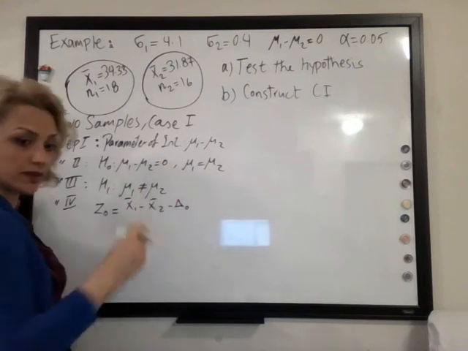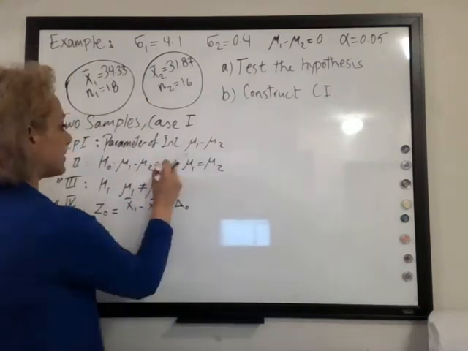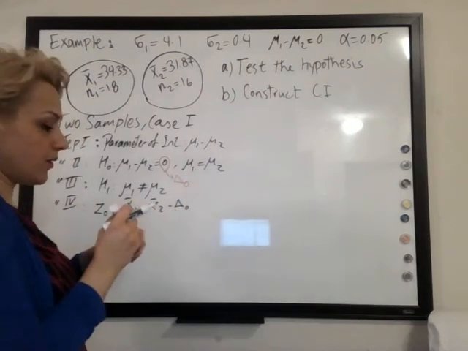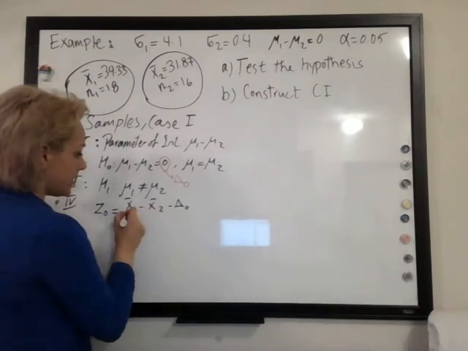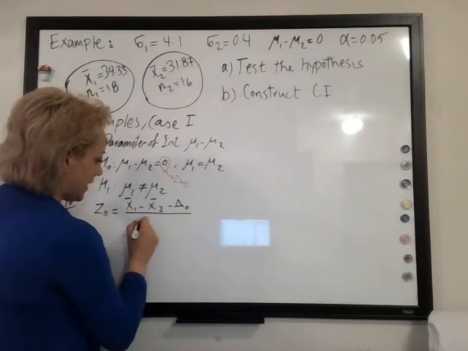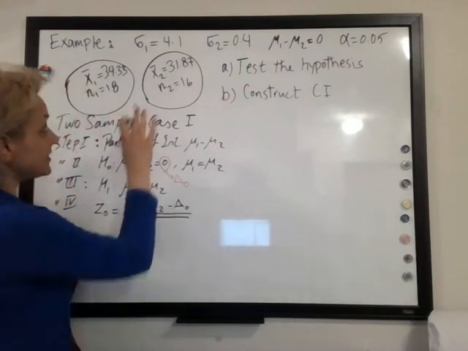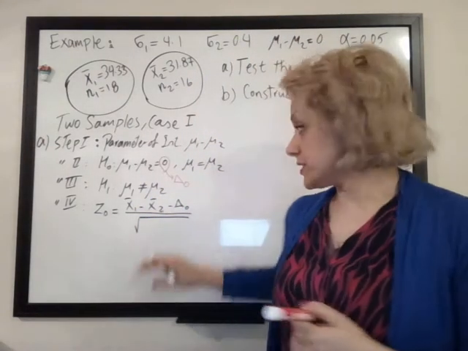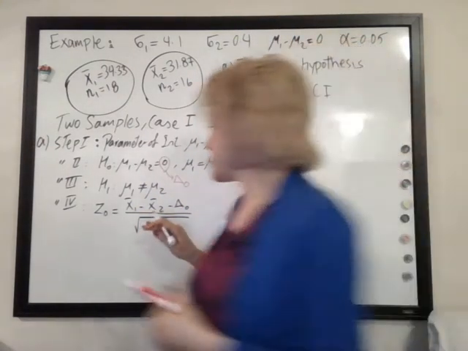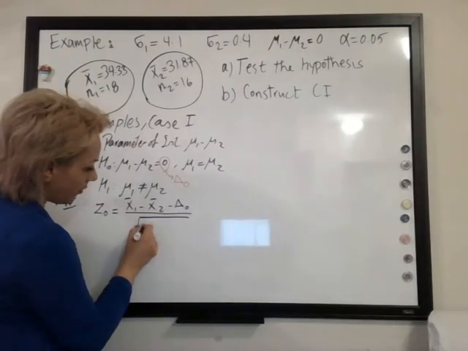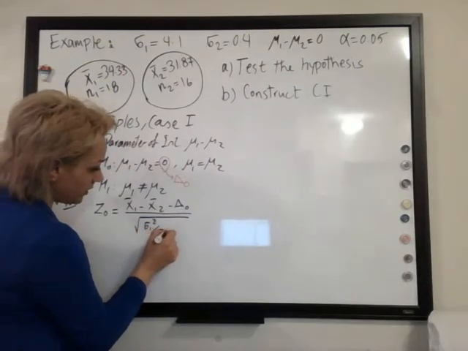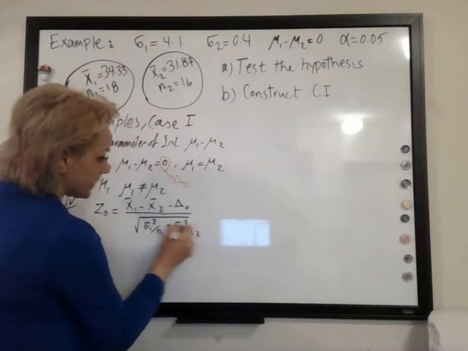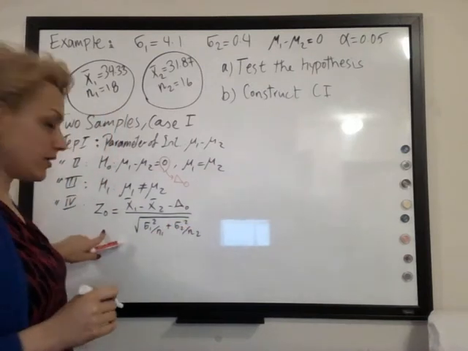This is delta observed, so this one is 0. Then divided by a square root. For the standard error in the denominator, we simply write sigma 1 squared divided by n1 plus sigma 2 squared divided by n2. So this is the equation of the z observed.